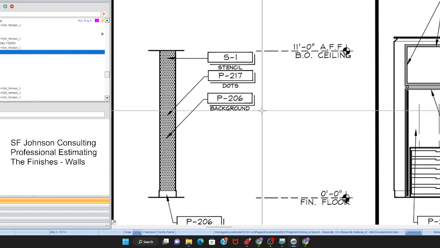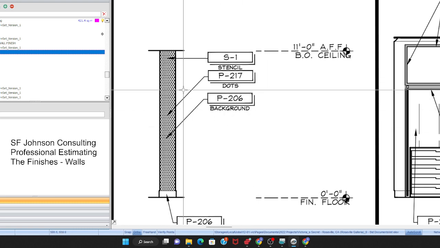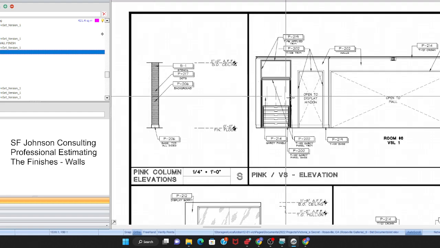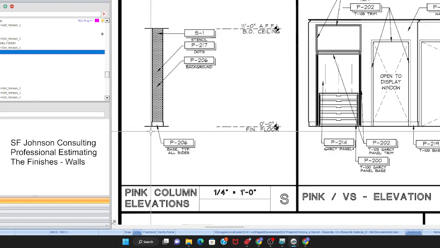And then the background, that's interesting. If we have polka dots, and that's not like a wallpaper, that is some crazy labor, let me tell you. So just know you want to look for stuff like that.